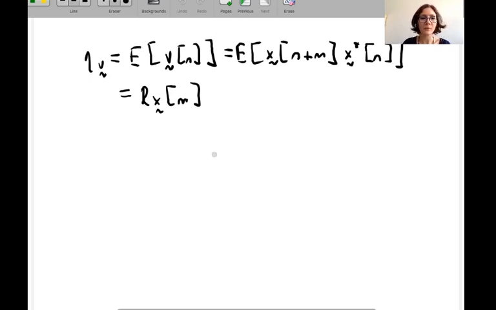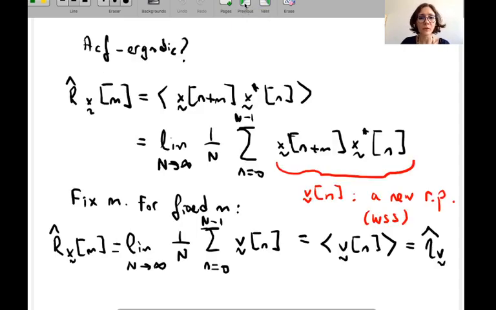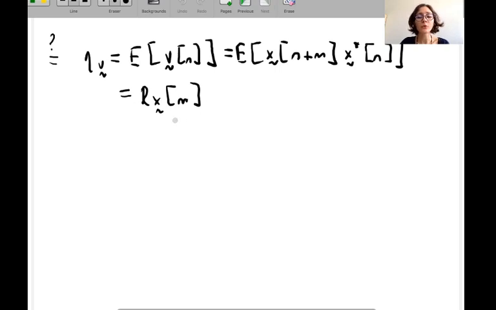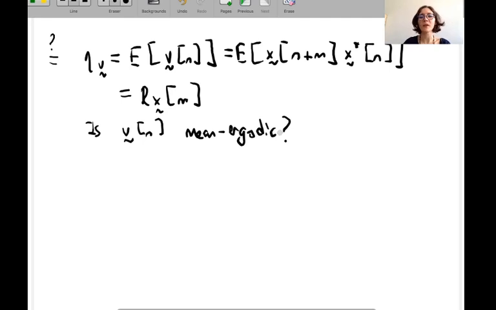If we can confirm this equality, we just follow all these equalities, and the time average estimate of the ACF of x will be equal to the true autocorrelation function. So the only question we have to answer here is whether this new random process is mean ergodic or not. If this is mean ergodic, then we're done. We have shown that x is ergodic in the ACF. So let's check whether V is mean ergodic now.